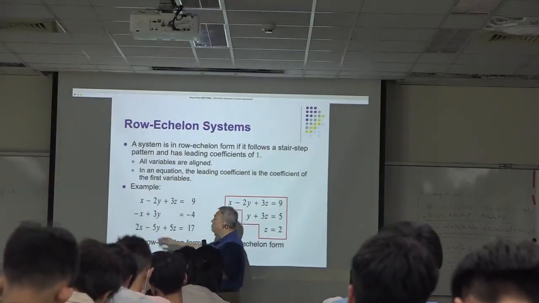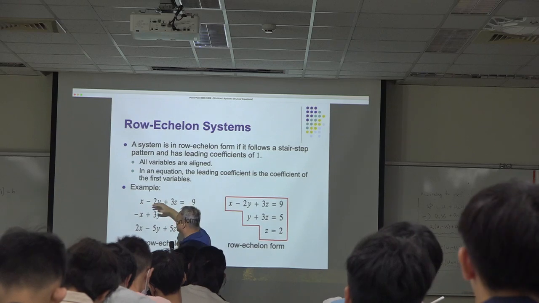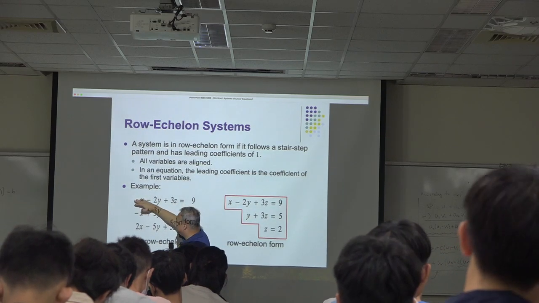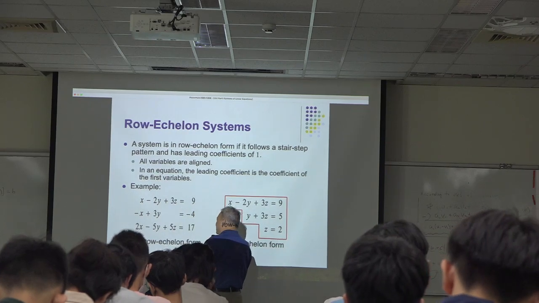And then you multiply the first equation by -2, and then you add this equation to the third one to cancel out these 2x.